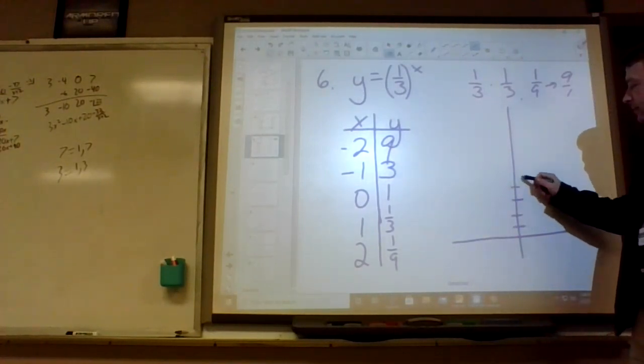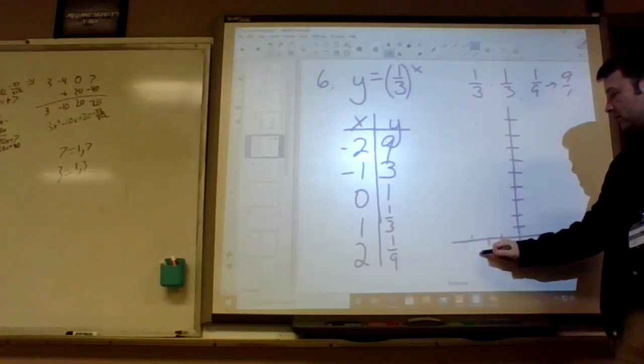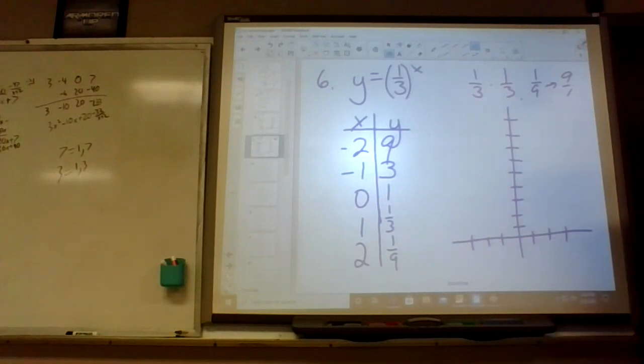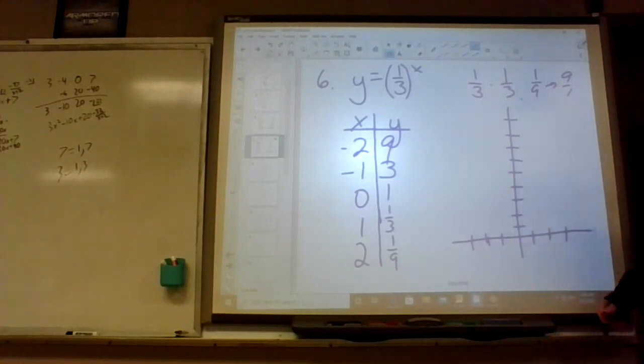1, 2, 3, 4, 5, 6, 9. Oh, can't draw a straight line. I still can't draw a straight line. Alright.